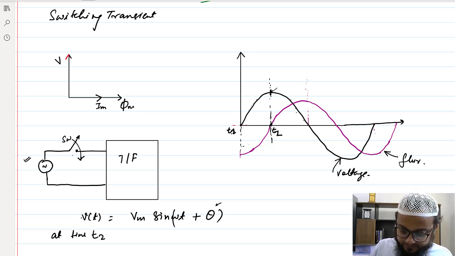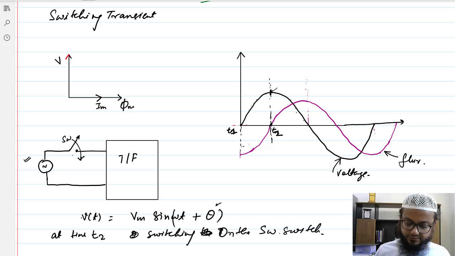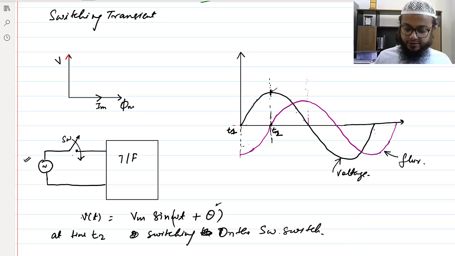At time T2, if we are switching on this SW switch, at that moment there won't be any problem. So no problem.